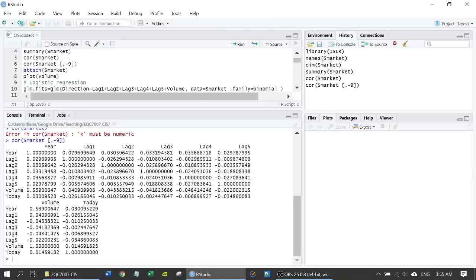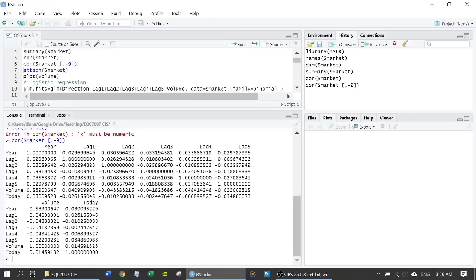However, if we look at this correlation, it seems like this is an impossible task because today's percentage return does not have any correlation with the previous 5 days. What it means is that if yesterday goes up, we can't really be sure whether today is going to be up or down. So that is the problem with this prediction goal.